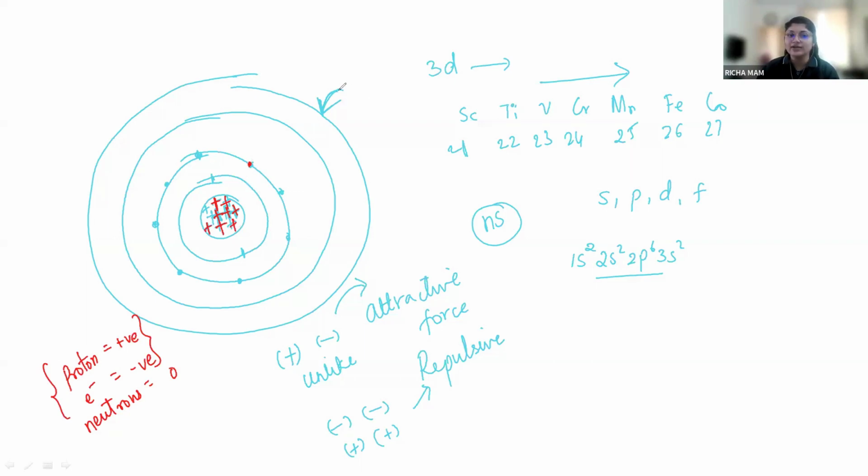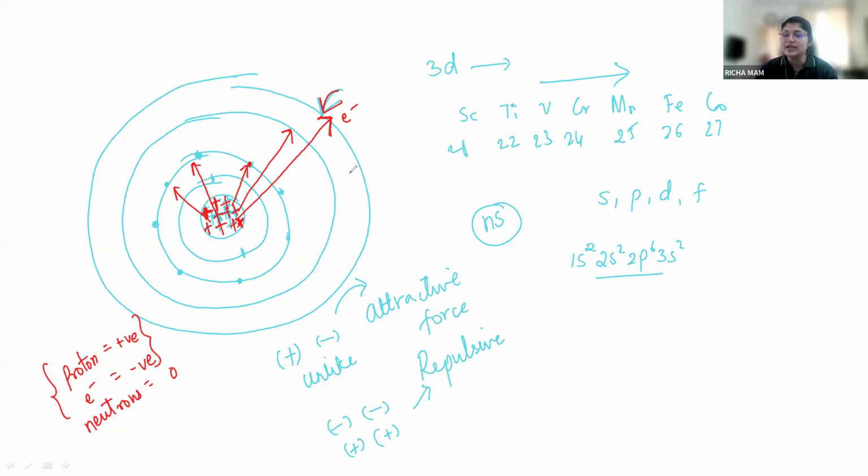Now, as you add electrons in the outermost shell, what is happening? The protons tend to pull the electrons towards themselves. They exert a force, so there is an attractive force, trying to pull the electrons from the outermost shell towards the nucleus.